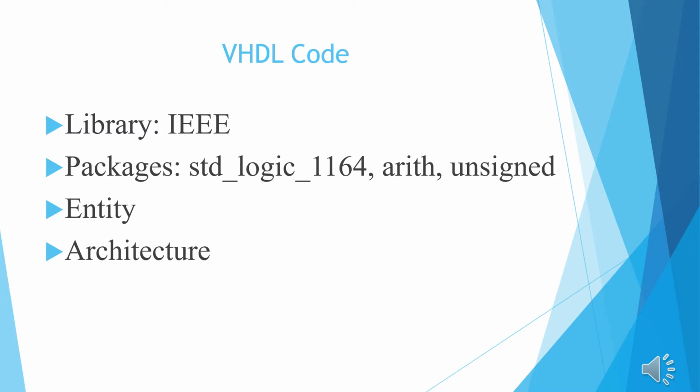Package file is often used in conjunction with a VHDL library. Some packages commonly used in VHDL code are Standard Logic 1164, arith, and unsigned. Entity describes number of inputs and outputs to a system. Architecture describes exact behavior of the circuitry.